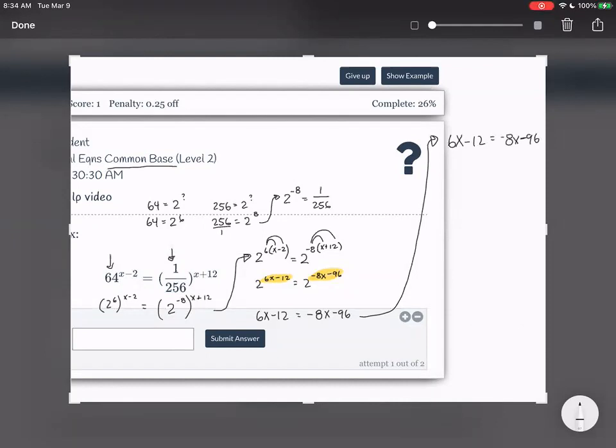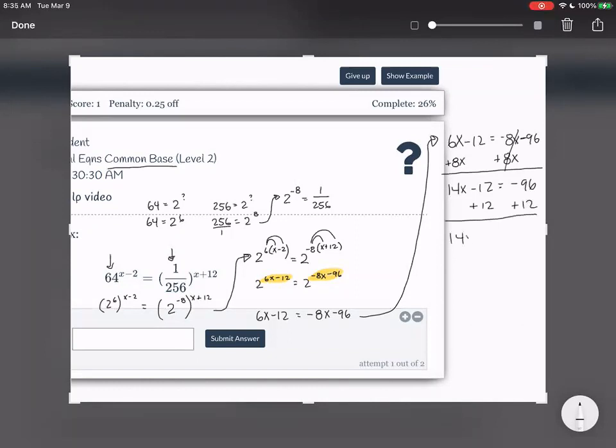Okay, so let's solve for x. And to do that, we're going to bring the x's to the same side. So I'm going to add 8x, add 8x. This gives me 14x minus 12 is equal to, cancels out, negative 96. And then we're going to add 12, add 12.